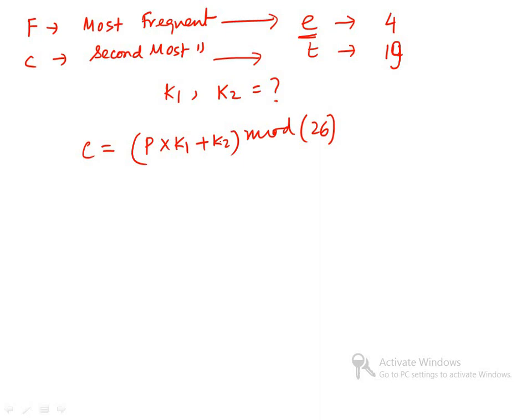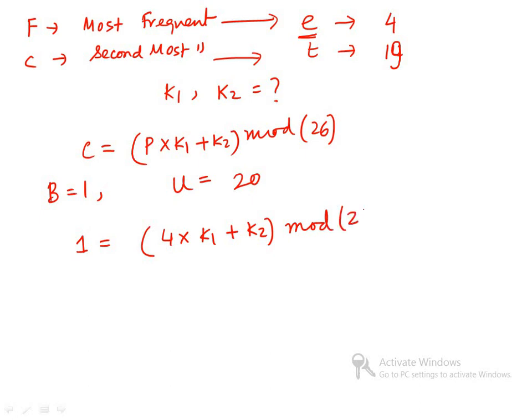The logic is we will take any two other letters from the table. 1 equals 4 multiplied by K1 plus K2 mod 26, and the second one we are writing, 20 equals 19 multiplied by K1 plus K2 mod 26. This could have been any other letter on the left hand side as well, but these are just two extremes. We are taking 1 and 20 for that matter.